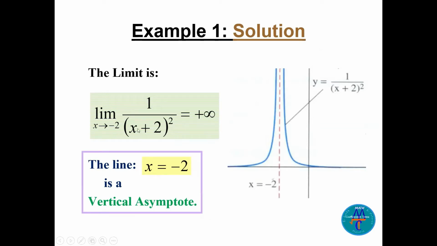Even if you don't know the graph, as x goes to minus 2, this will be close to 0, and when you square it, it will be a positive number. So 1 over a positive number close to 0 will be plus infinity. That means if we come to minus 2 from the right or left, it will go up to positive infinity. So we can deduce that x equals minus 2, this number a here, is a vertical asymptote.